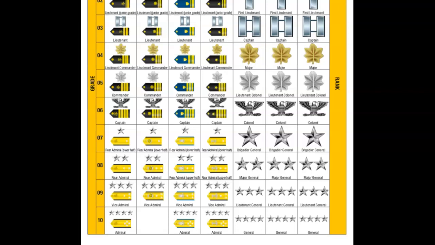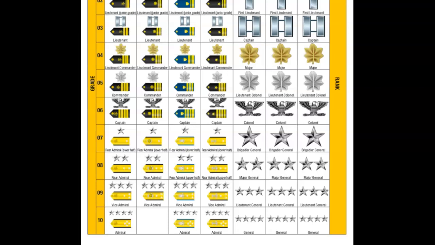At grade 9, for sea services, the rank is vice admiral, and for land services, it's lieutenant general. And for grade 10, for sea services, it's admiral, and for land services, it's general. So that was a lot.